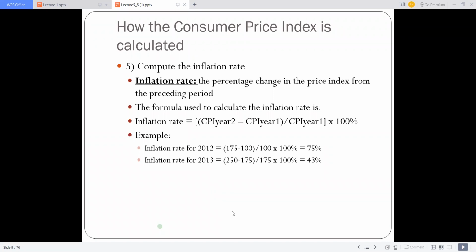They gave you the CPI: CPI in 2010 minus CPI in 2005, divided by CPI in 2005. It wasn't multiplied by 100%. Was it a question or a solution? The solution.